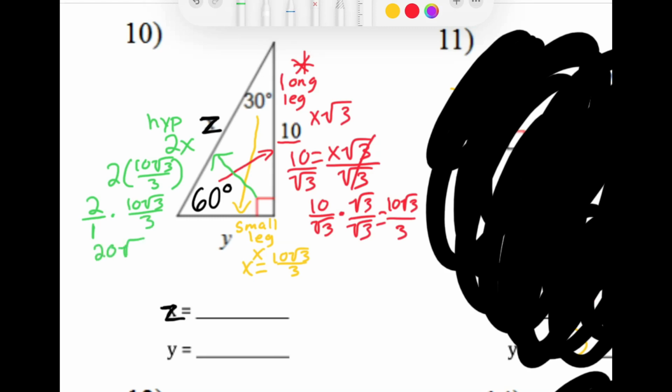So that would be 20 times the square root of 3 over 1 times 3, which is just 3. So that would be our hypotenuse. So z side would be 20 times the square root of 3 over 3. And then our y side is our small leg, which is 10 times the square root of 3 over 3. And that would be our answer for number 10.